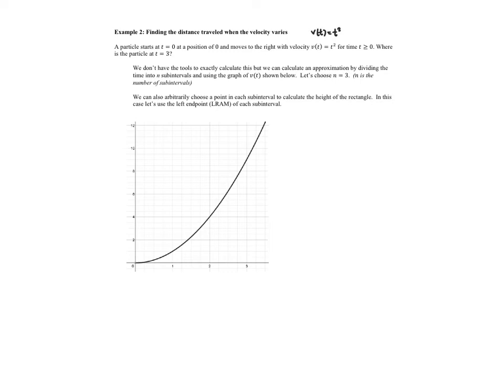What we're going to do is divide this into 3 subintervals: a first interval from 0 to 1, a second interval from 1 to 2, and a third interval from 2 to 3. We are going to use what's called a left rectangular approximation method.